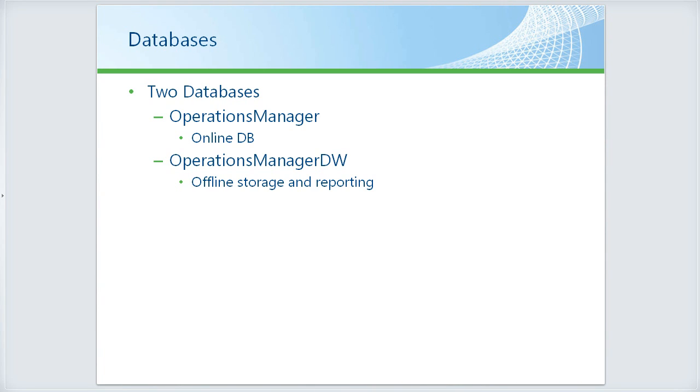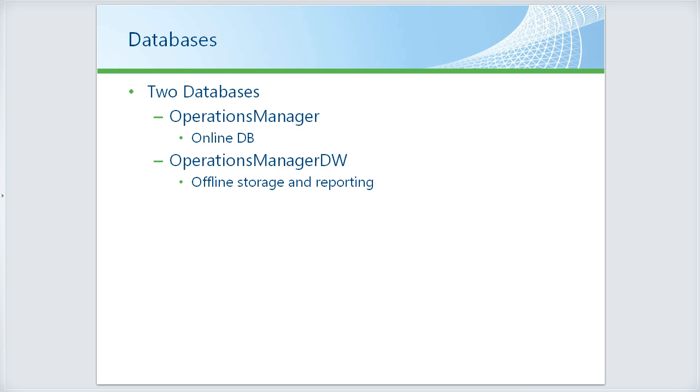There are two databases for Operations Manager. The first one is called OperationsManager. That's the online database, meaning that's the database the consoles are accessing, and the information coming in from the monitored computers is stored in that database. The second database is the Operations Manager Data Warehouse, a different database used for offline and long-term storage.